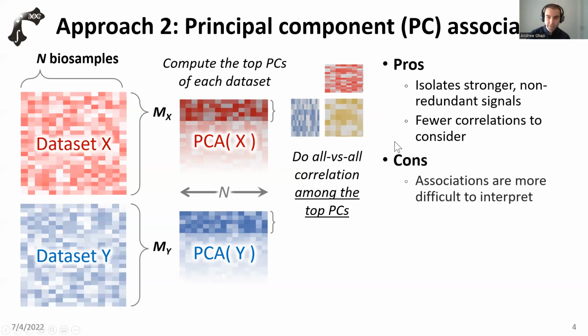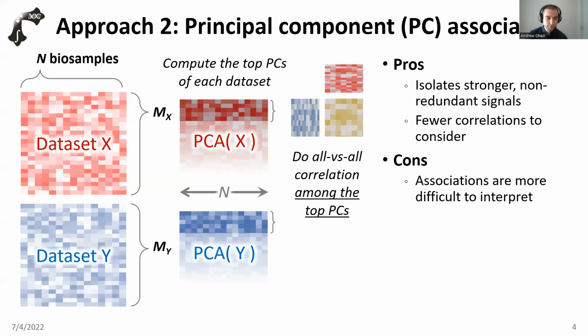The downside of this is that the associations that you get at the end, whatever hits you identify in this pairwise comparison, are much more difficult to interpret, because these aren't your original features, these are principal components. And so they're some complicated mixture of your original features.